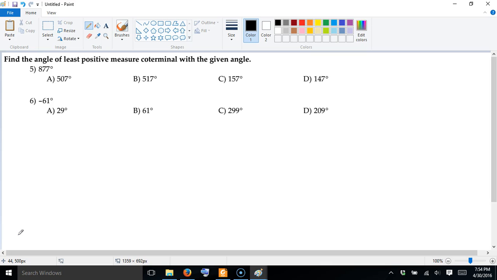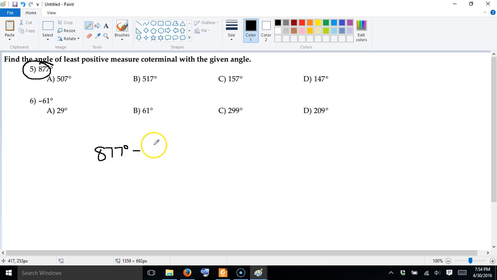So you take your given angle measurement, such as 877 degrees, and if it's positive, you subtract 360 degrees until you get something between 0 and 360.